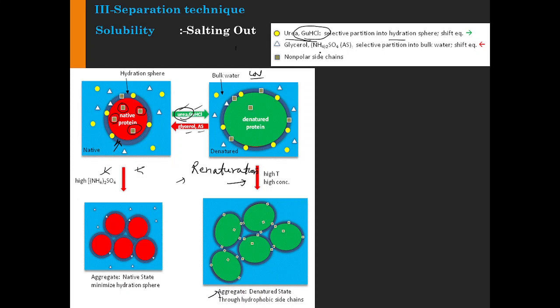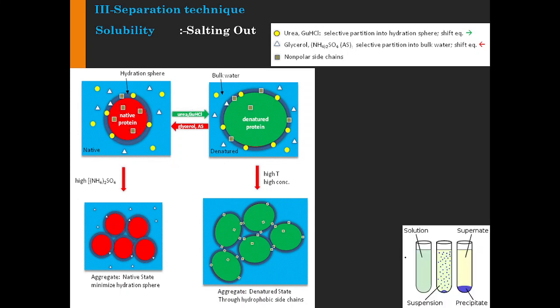Ammonium sulfate, which is routinely used in laboratories for precipitation, as you increase it, you selectively get proteins of different sizes. That's the salting out phenomenon, and what you are ultimately getting is precipitation of the protein.